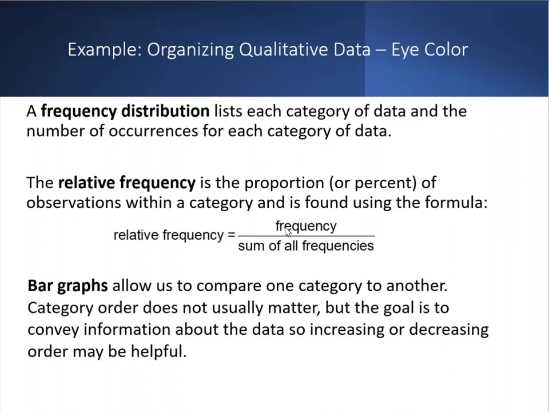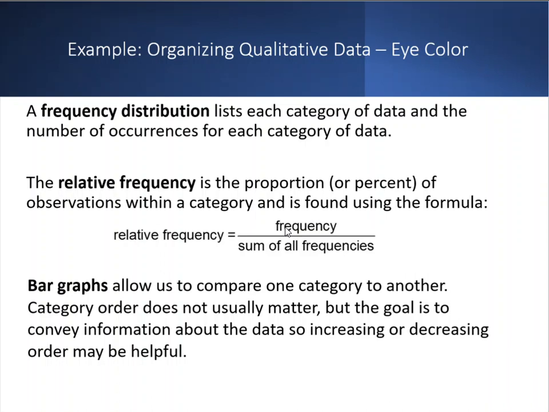And then finally, bar graphs. The bar graph is the first type of graphical display that we are considering here for our qualitative data. Our bar graph is going to show us comparisons from one category to the next. That's an important thing to remember, and we'll keep emphasizing it as we move on. You'll notice that the order we place our categories in on the horizontal axis doesn't matter.